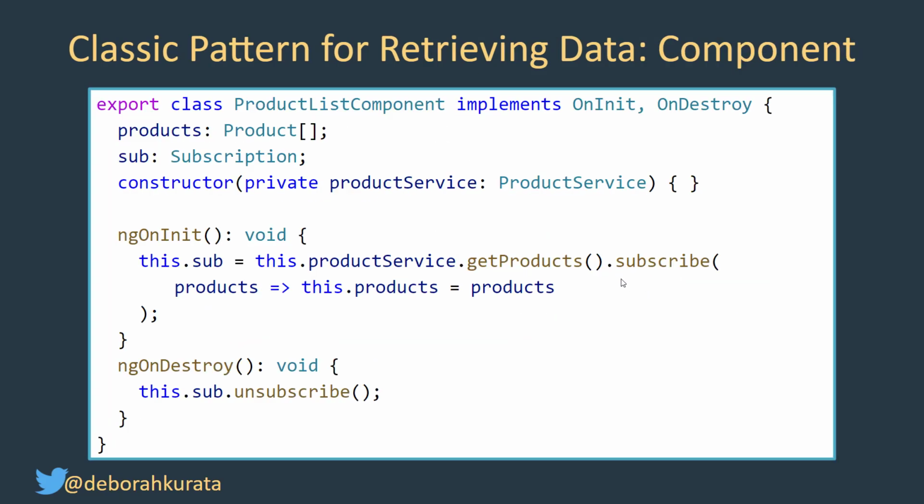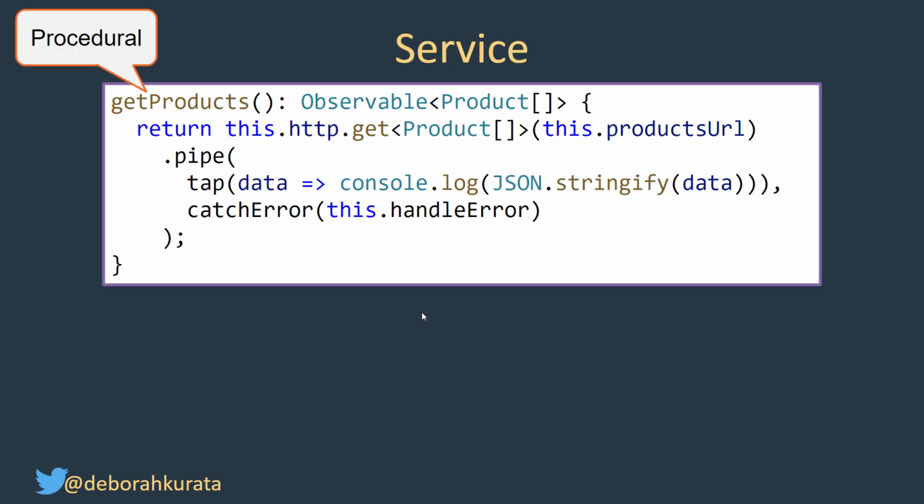The only part that's different is we are now taking the products we've received from that service and putting them into a component level property, our products property that we can then bind to. So this all looks familiar, yeah?